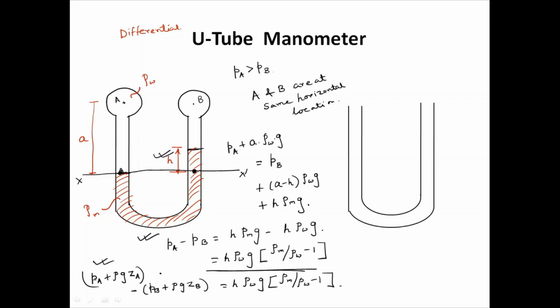What is that? PA plus rho g ZA and PB plus rho g ZB. This is known as the piezometric pressure. We can write it in terms of PA star minus PB star. PA star is the piezometric pressure, and PB star is also the piezometric pressure.